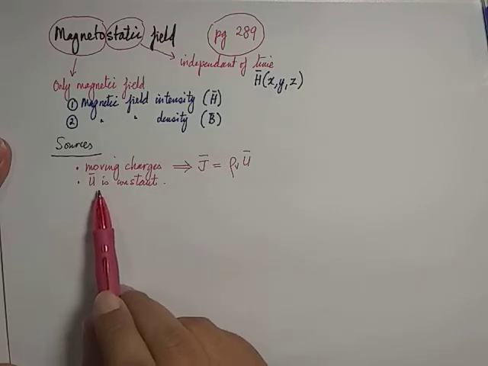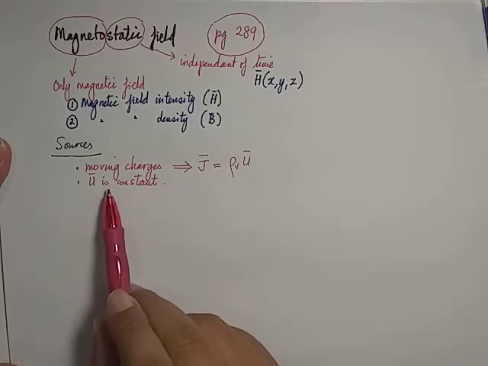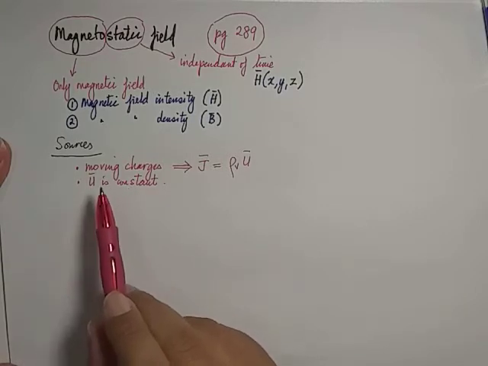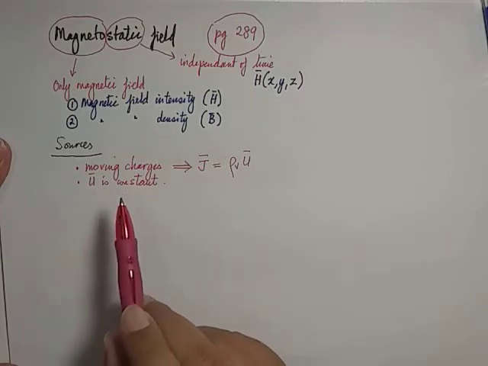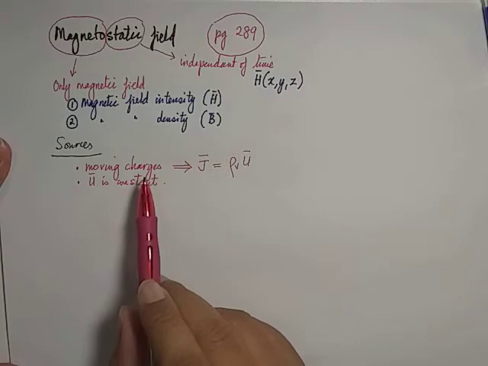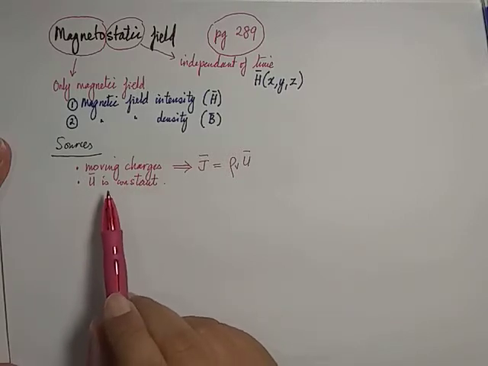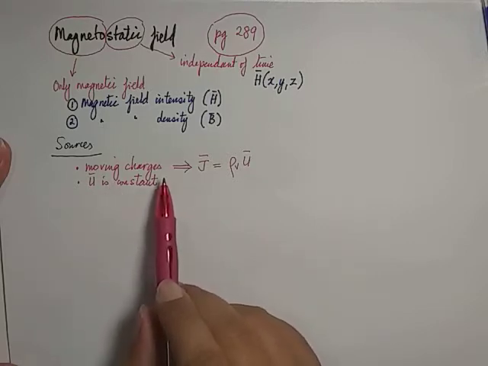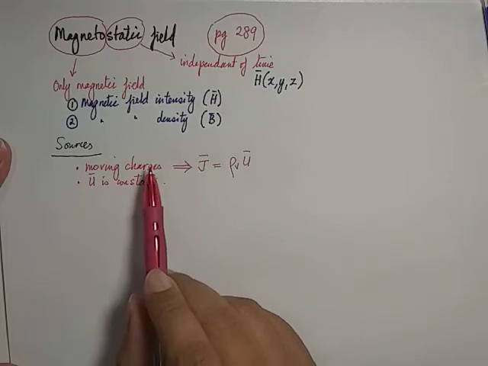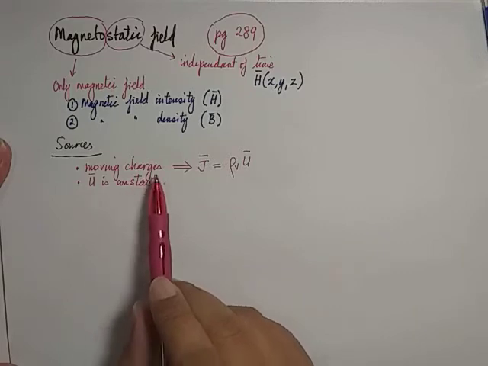If the charge is moving with varying speed, meaning there is acceleration and deceleration, that is going to be the source for the third model of field that we will learn later on, which is known as electromagnetic field. So now you can see the same charge: if it remains stationary, it emits electrostatic field. If the same charge is moving with constant speed, it generates magnetostatic field.